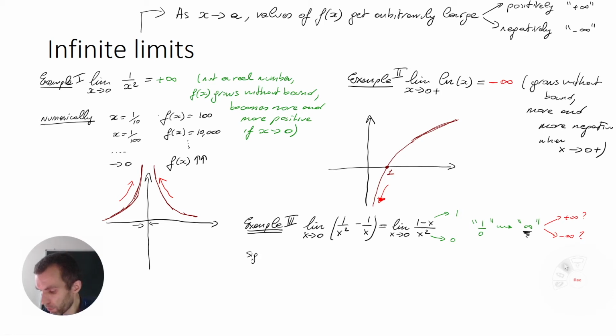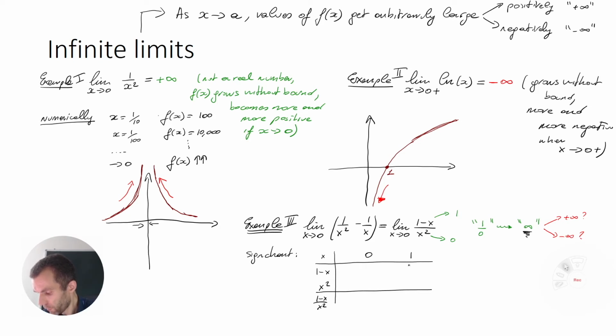Here we'll make a sign chart. For the sign chart, we'll put the numerator and the denominator, and then we'll put the values that make either go to 0. So we get x is 0 and x is 1. And then down below, we put the quotient, like so.